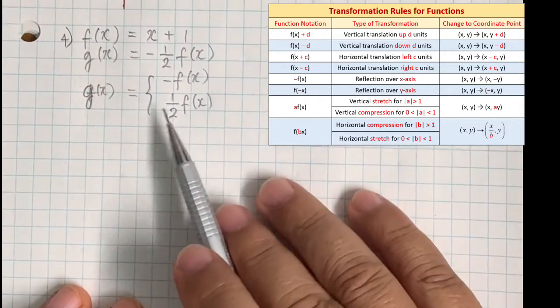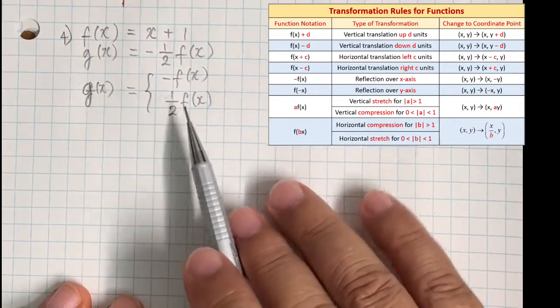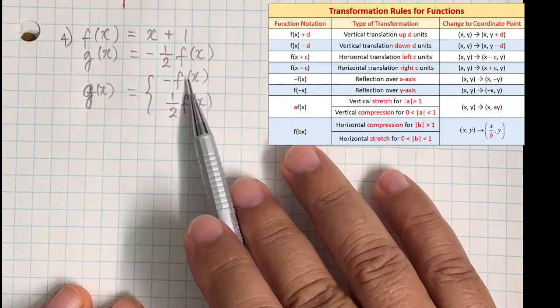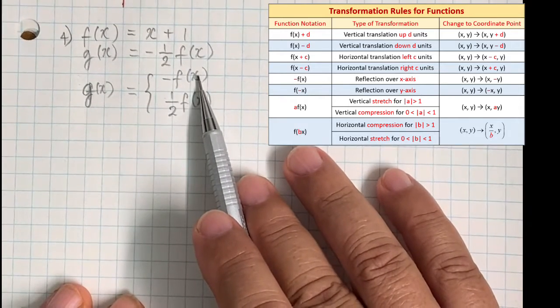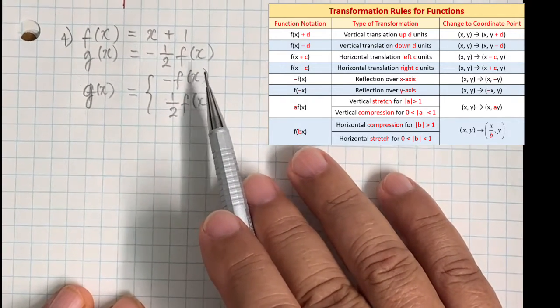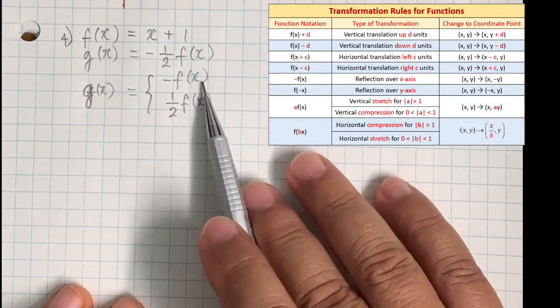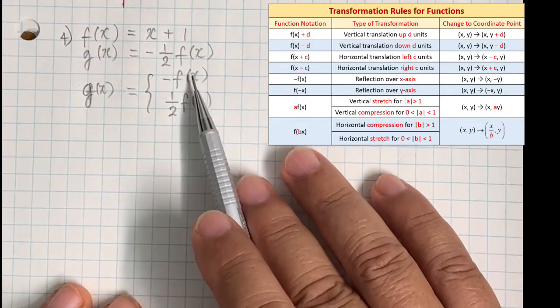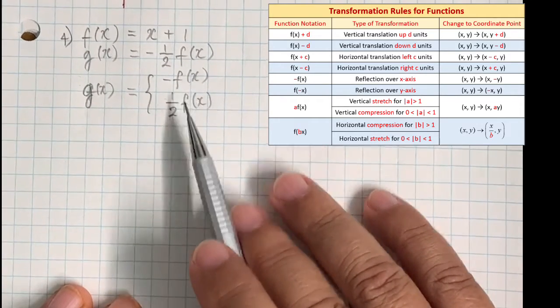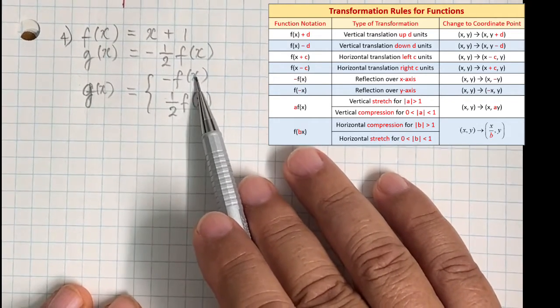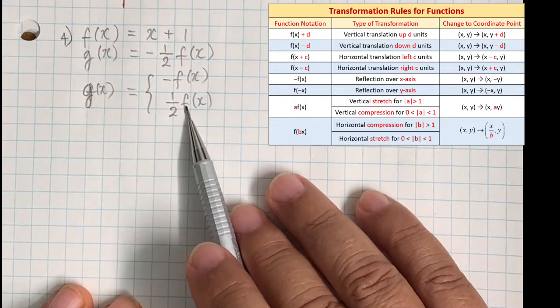So you can do either this one first or that one first. Okay, it doesn't matter. In the end, you will get the same result anyway. So let's go with this order. Let's do the negative one first, and then the 1/2.